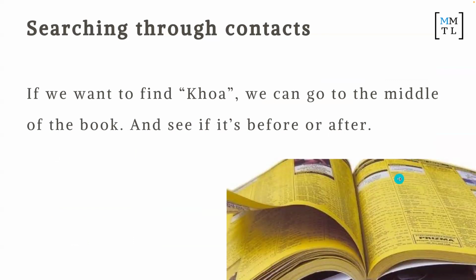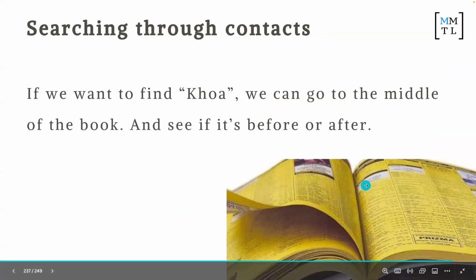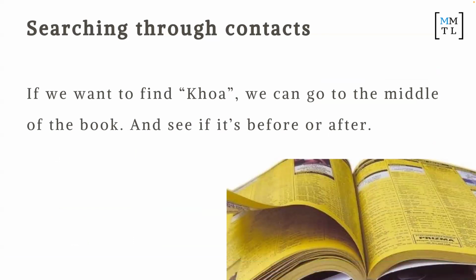What we can do is very similar to the number guessing game we had at the start. So we will open a page and then see if K is after that page, right? And straight away, we will be able to eliminate half the book. So any intuitions if that's better or worse than our current linear search?